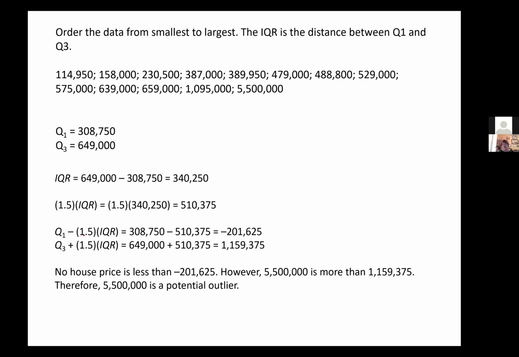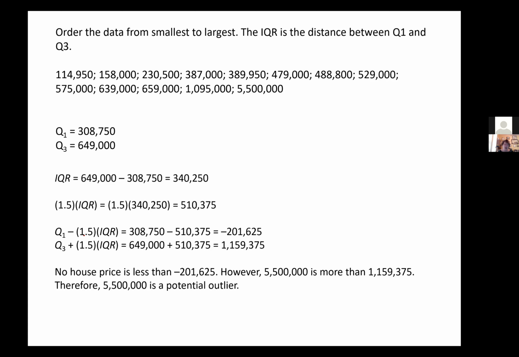1,159,375. So if I have a data value that is beyond negative 201,625, which I don't, these are real estate values. If you have a value that's negative 200 and something thousand, you got a problem. But if I have a data value that was below that number, rule of thumb says it's an outlier, or based on this rule, it's an outlier.